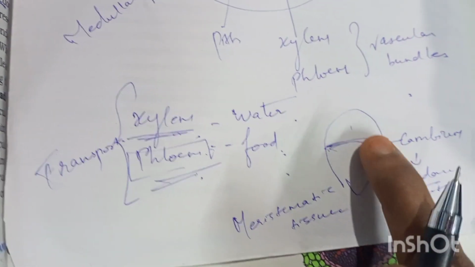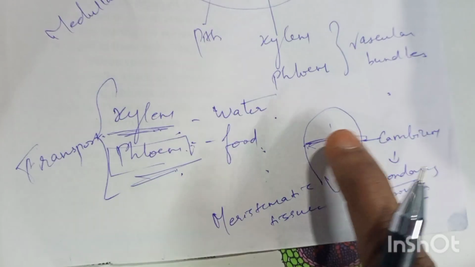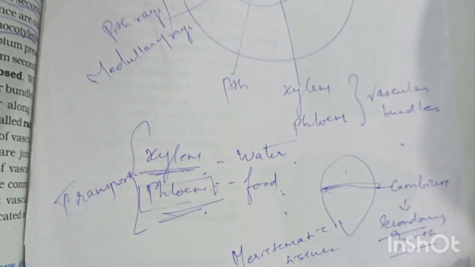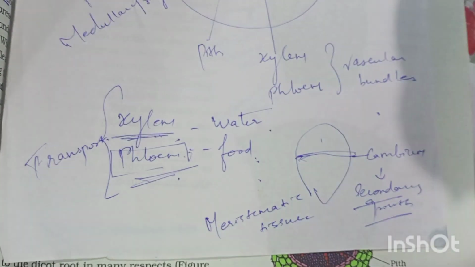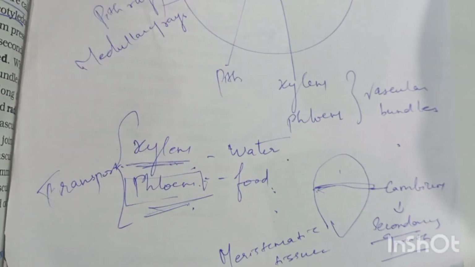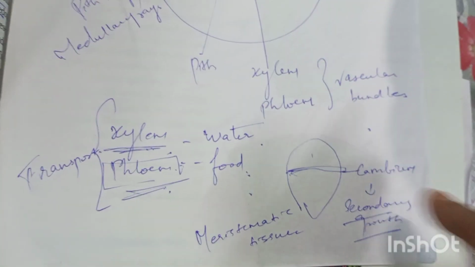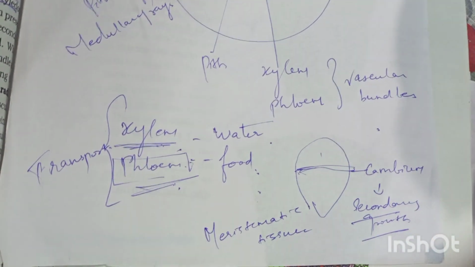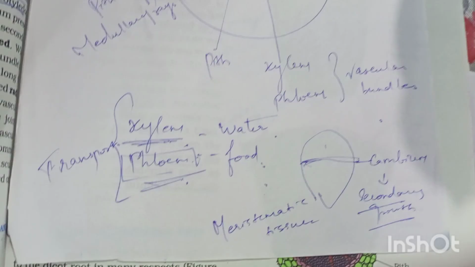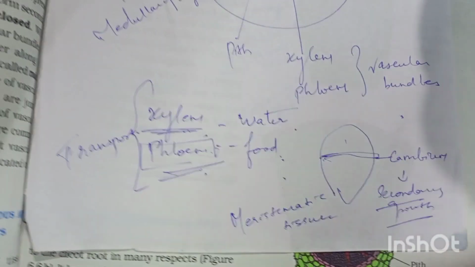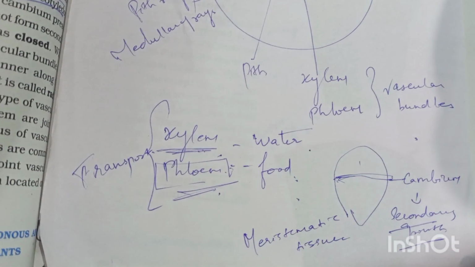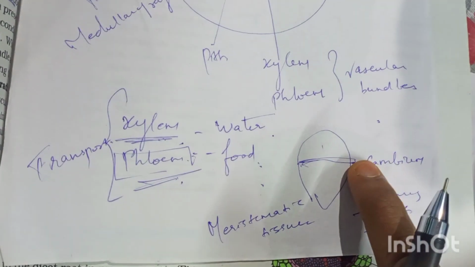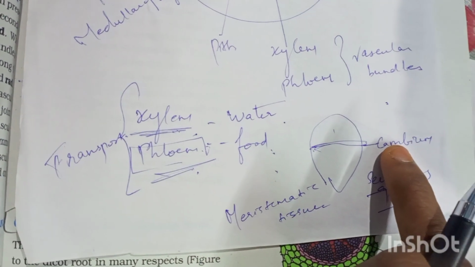So cambium consists of meristematic cells that are capable of division. Once the plant is about to do its secondary growth, this cambium will become active and start to divide. That is what converts the tender neem stem into a hard woody bark. So secondary growth occurs, and that is done by cambium.